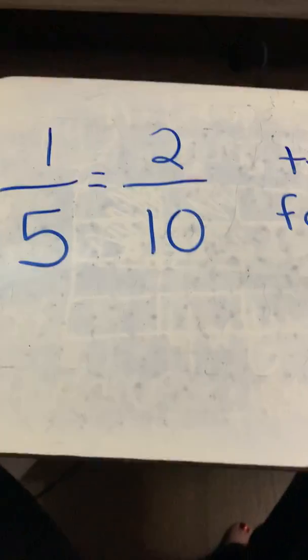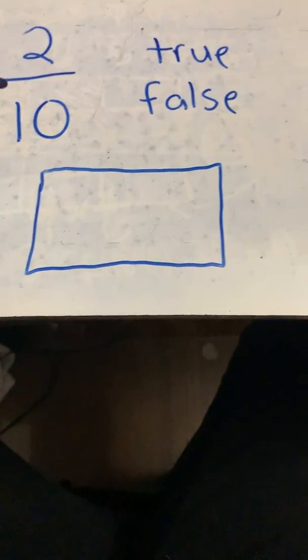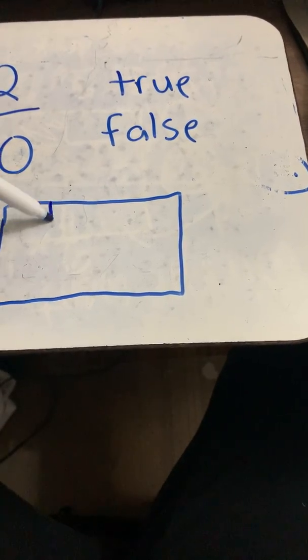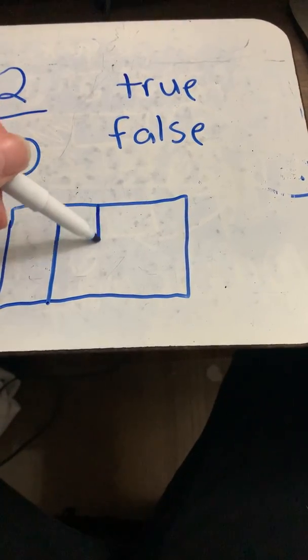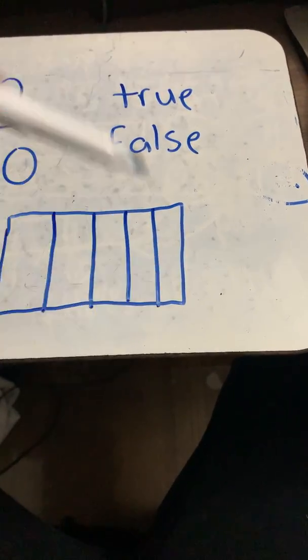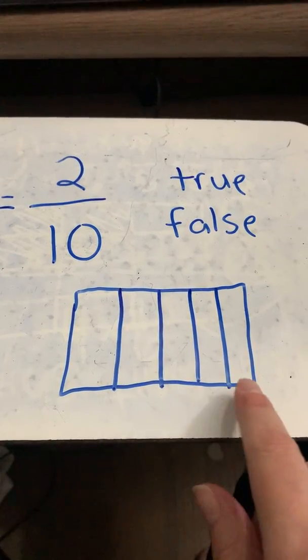1/5 and 2/10. If I want to draw a model, which is what we just did for question number 2, I'm going to section it off into 5 pieces to create my fifths. Not exactly perfect, but 1, 2, 3, 4, 5.